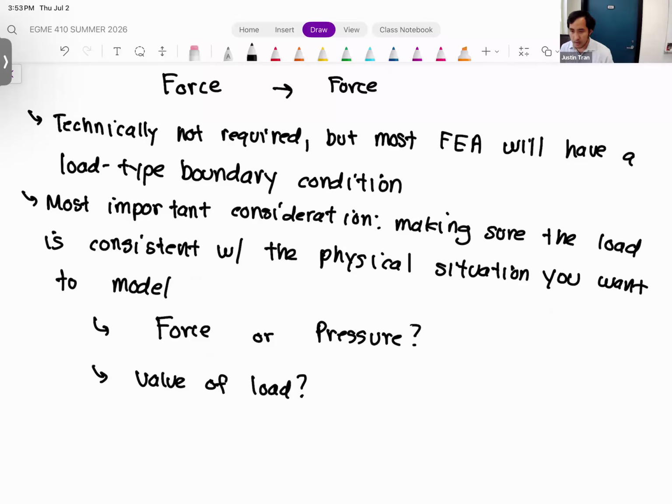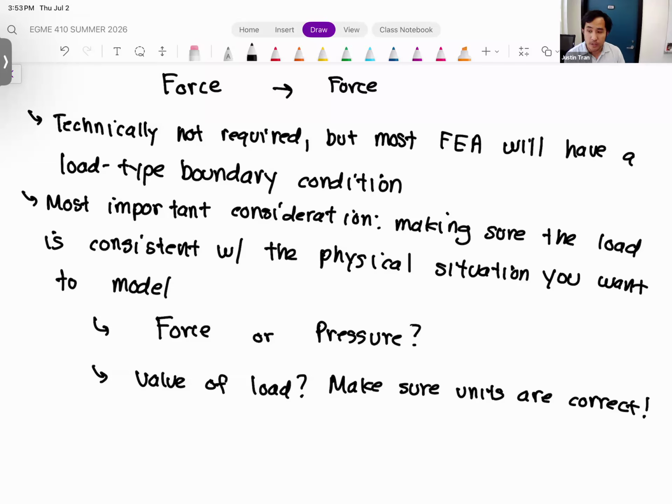Okay. So you want to make sure that you get the value correct, or the magnitude of the loading correct, right? And that includes the units. So don't just blindly put 1,000 into the ANSYS software.